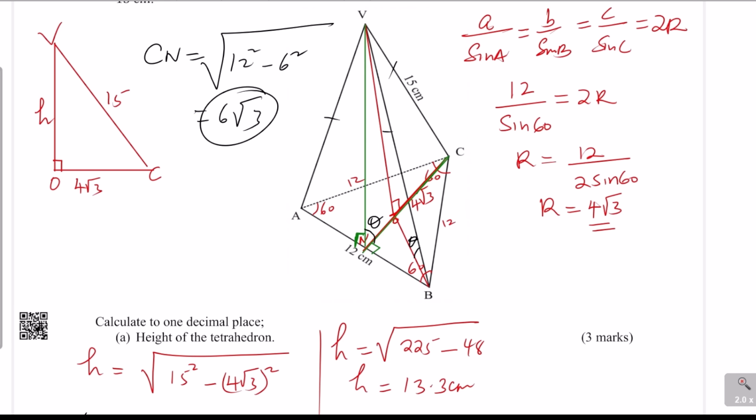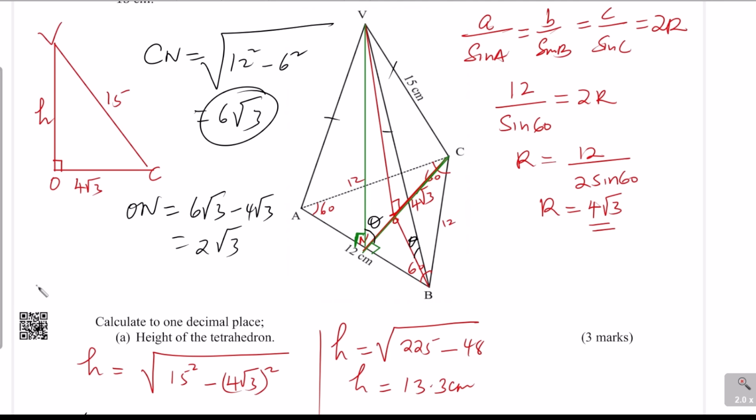Now I want you to be very keen here. So CN is 6 root 3, but we already have CO as 4 root 3. So to get ON, we're going to get 6 root 3 minus 4 root 3, and this will give 2 root 3.